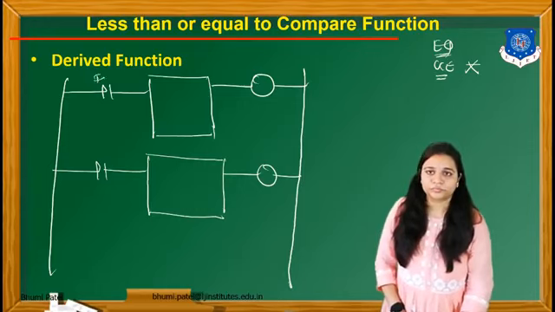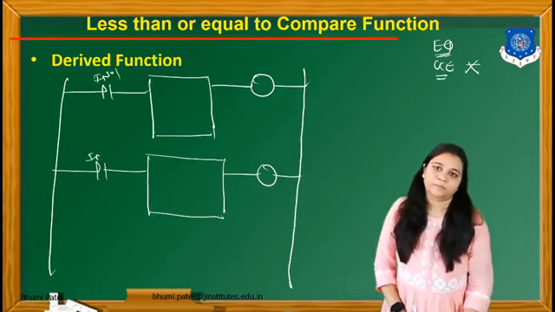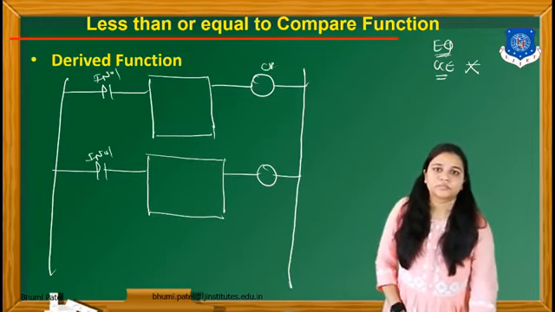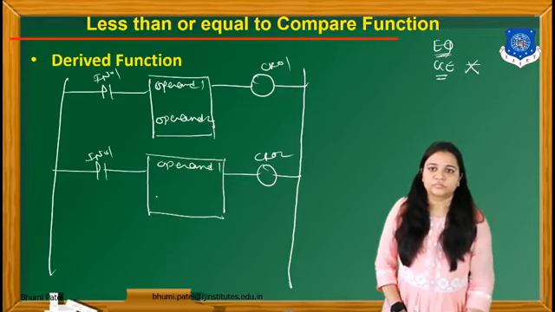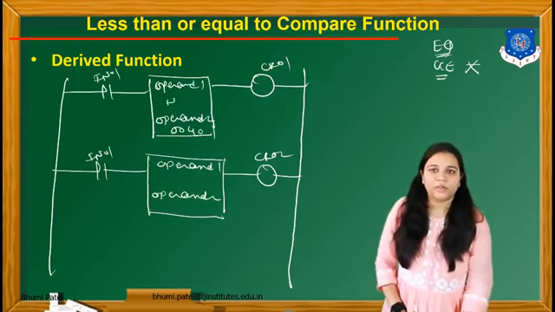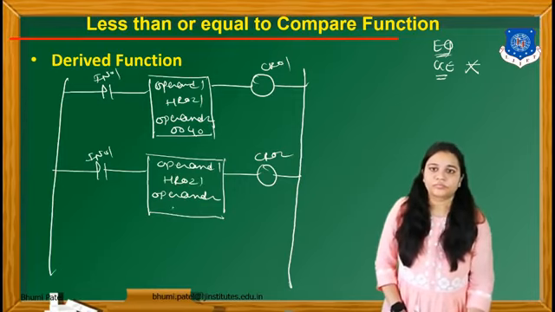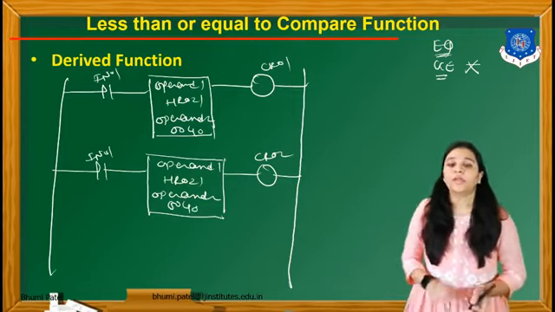This is my operand 1, operand 2. Here we take suppose value 40 and HR021 004.